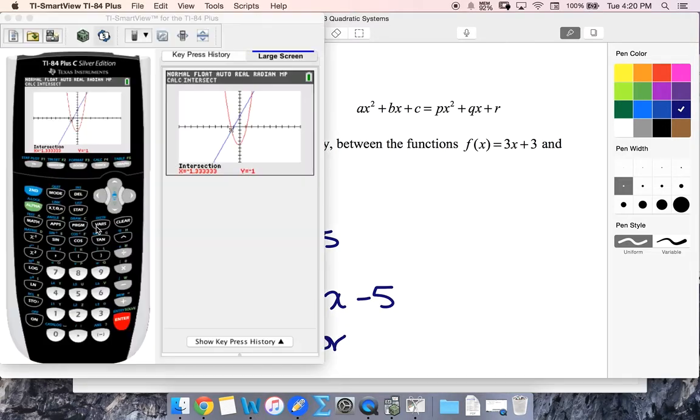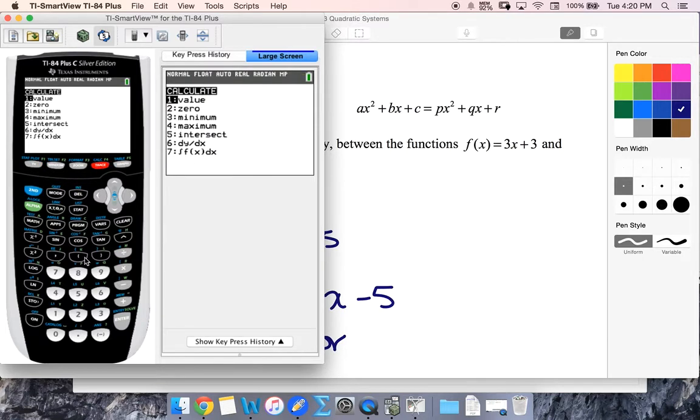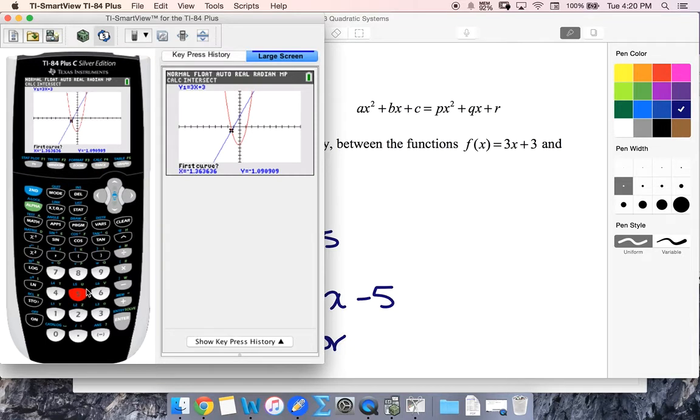And then my second one, let's see where that is. So again, I'm going to calc. Second calc, intersect. First curve, second curve. And this time I need to guess somewhere over here. So I'm going to guess 1.3.